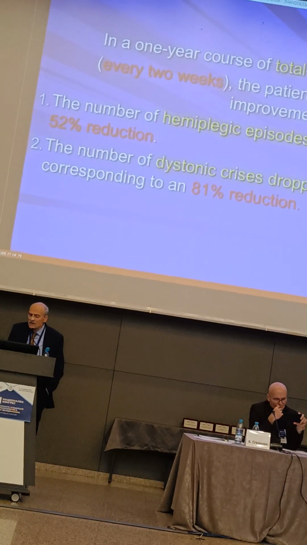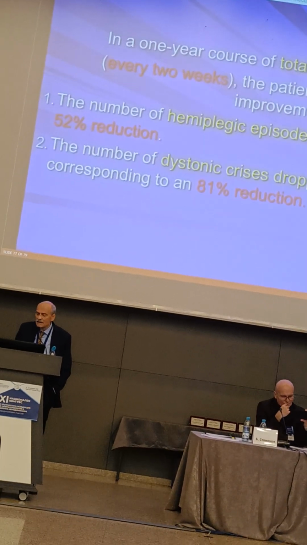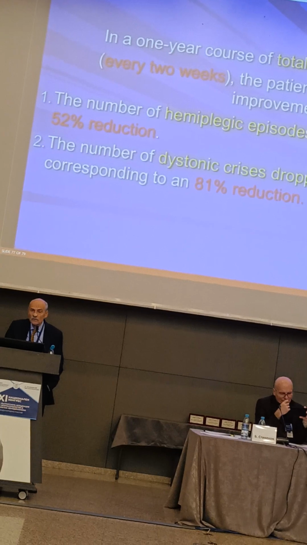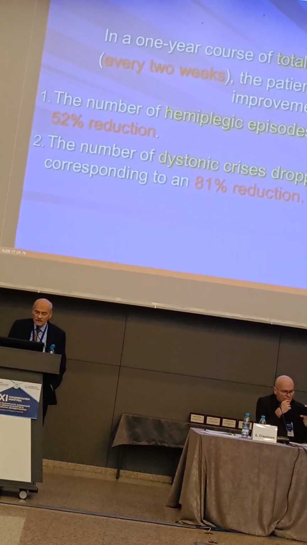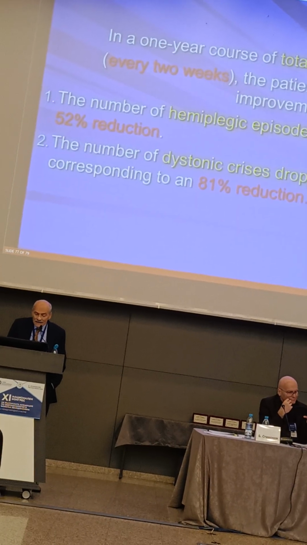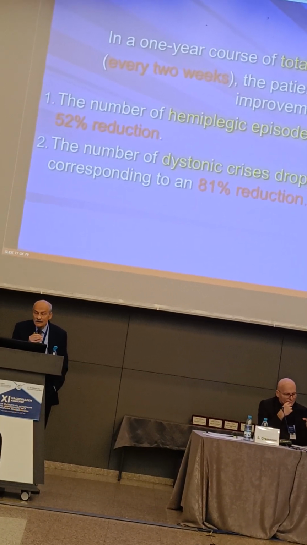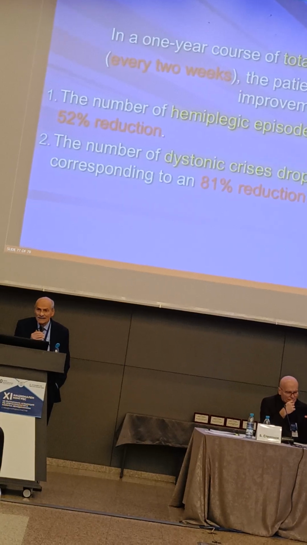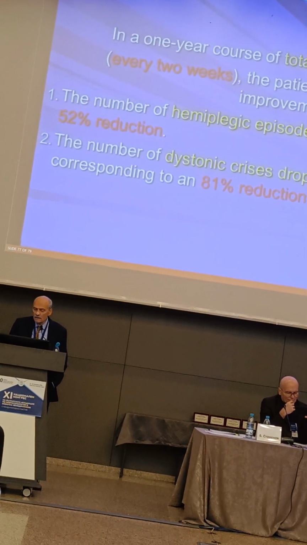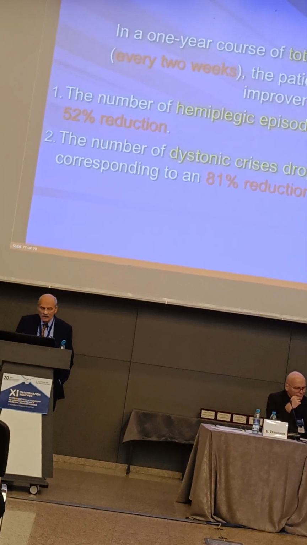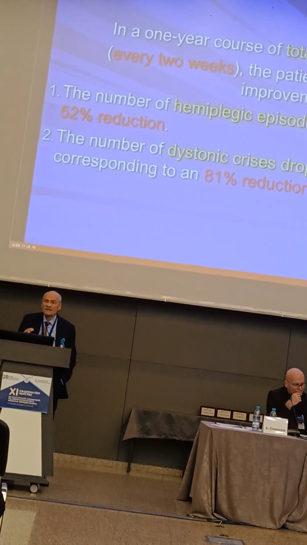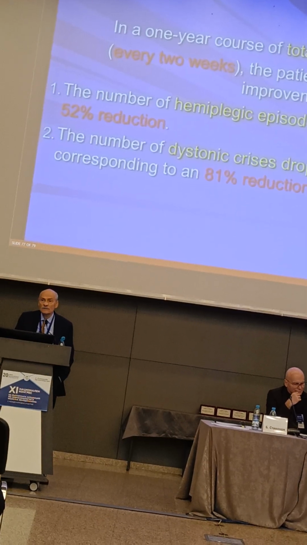Look, hemiplegic episodes decreased from 21 to 10, more than 50% of reduction. This is very important. Dystonic crisis, the pain dropped from 37 to 7, 8% of reduction.